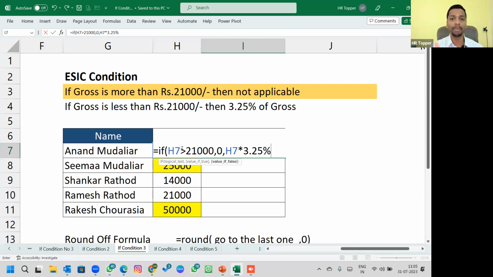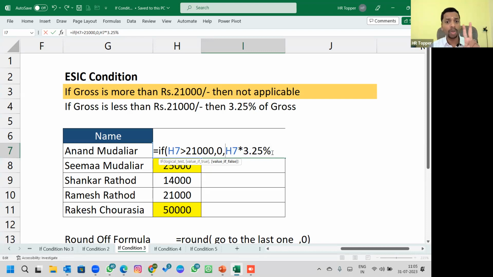You will learn two thumb rules here in the calculation, not only in the if condition, but anywhere. If there are two steps or parameters included, for example, in the last formula there were two steps: one is gross and one is gross into 3.25. So we should always write it in a bracket.